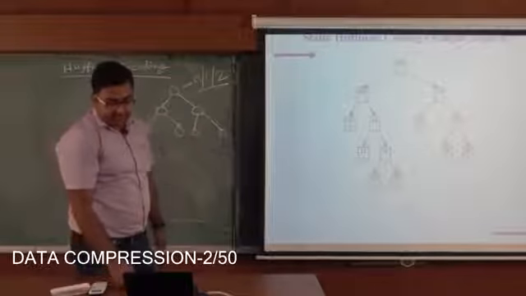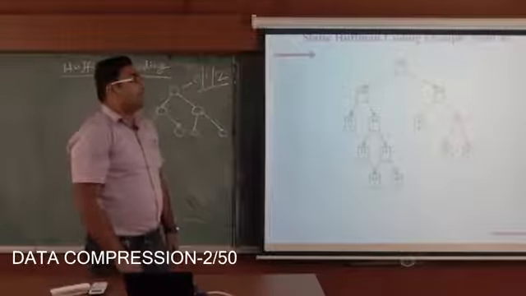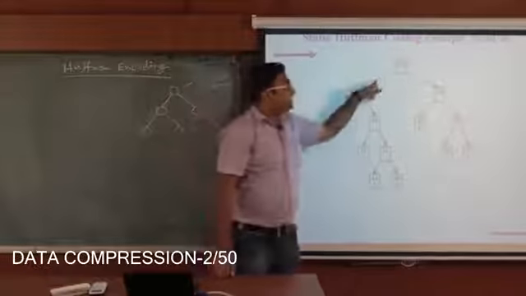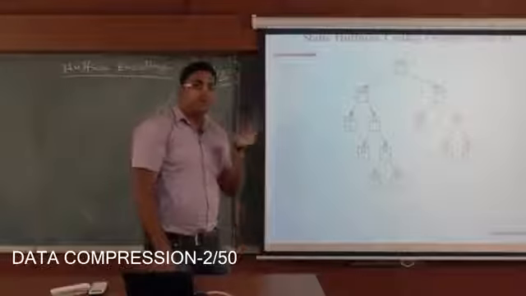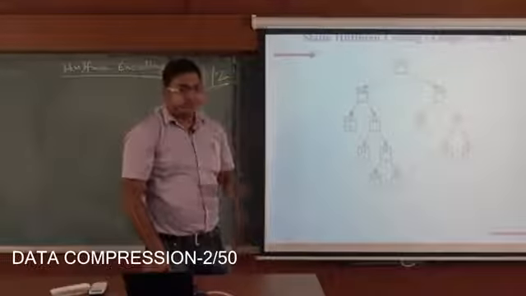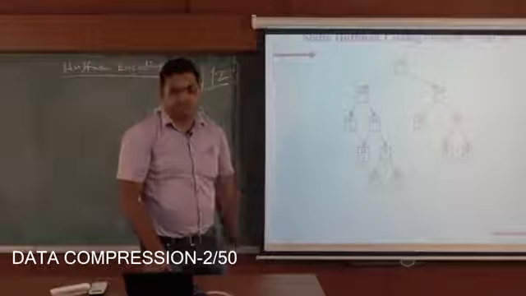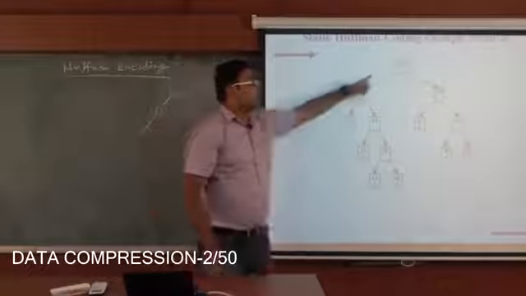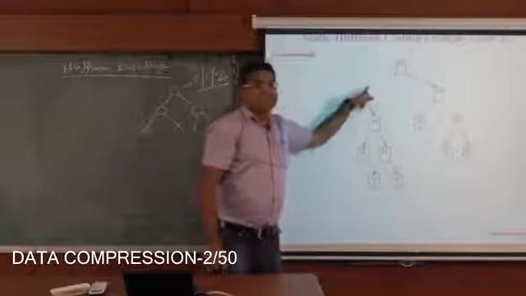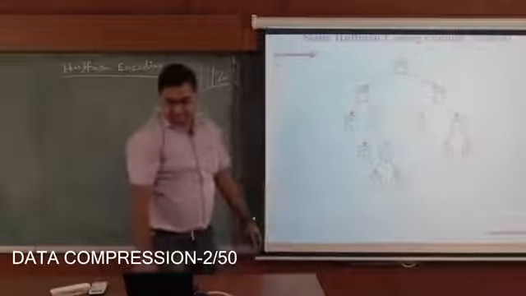Now the second step of the Huffman coding algorithm is a very simple step. The second step says that each and every edge will be represented by some weight in terms of 0 or 1, because in digital we use either 0 or 1 to represent information. Huffman said that you give the weight of left edges as 0 and the weight of right edges as 1.